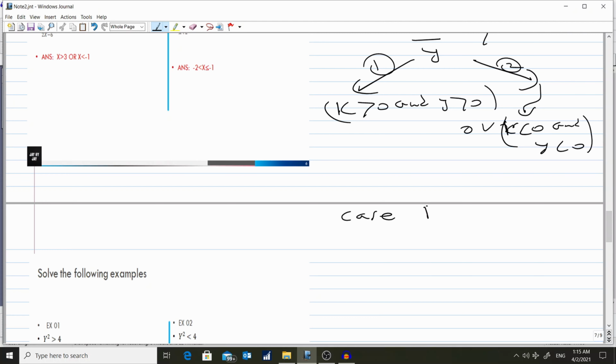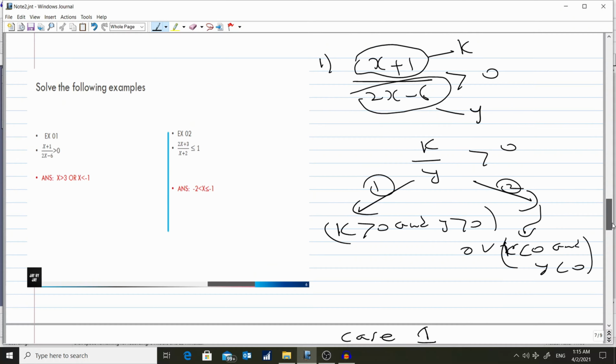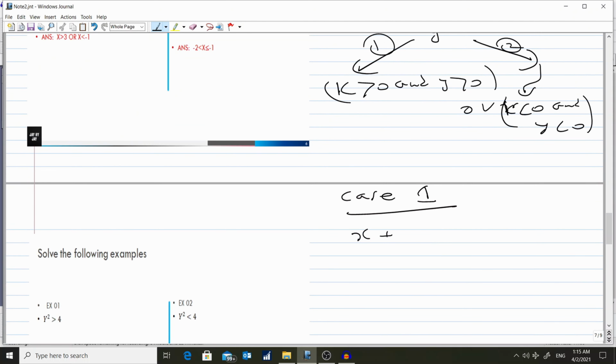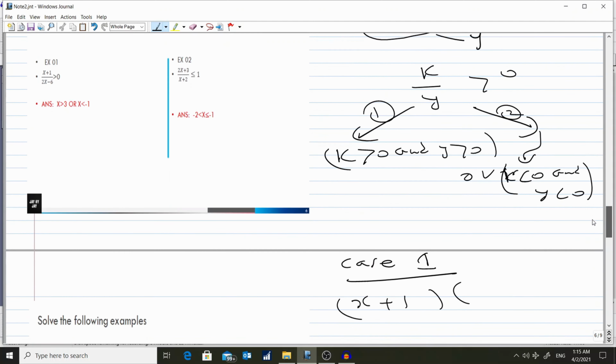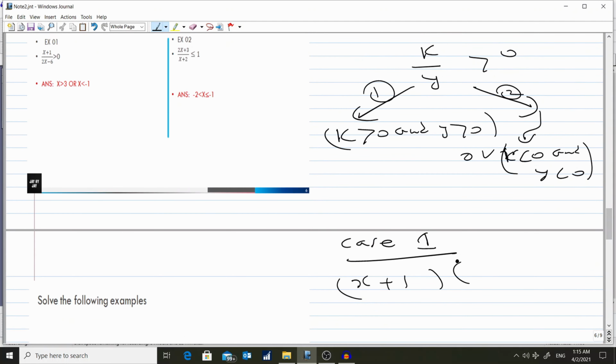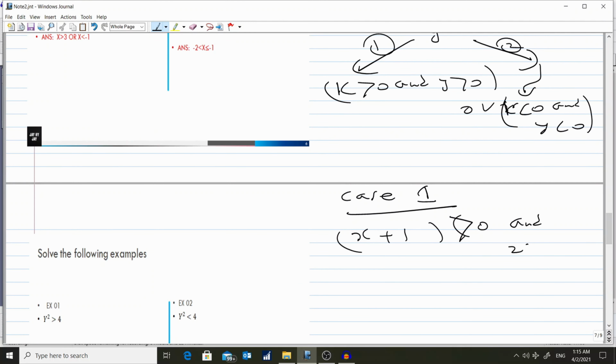We will analyze case 1 here: x plus 1 greater than 0 and 2x minus 6 greater than 0. Here we get x greater than minus 1 and x greater than 3.